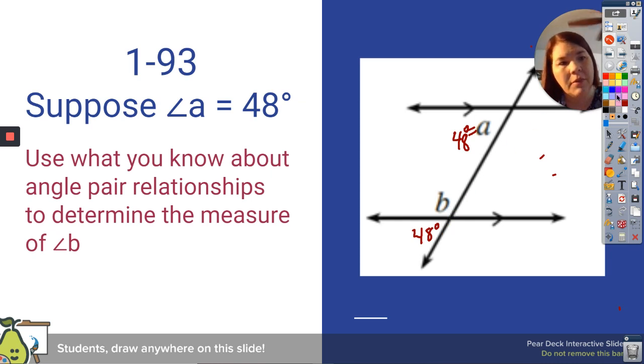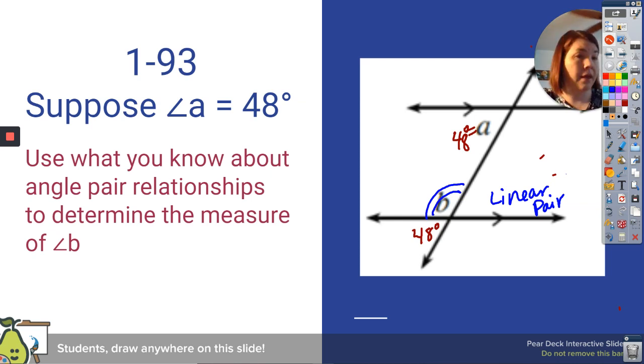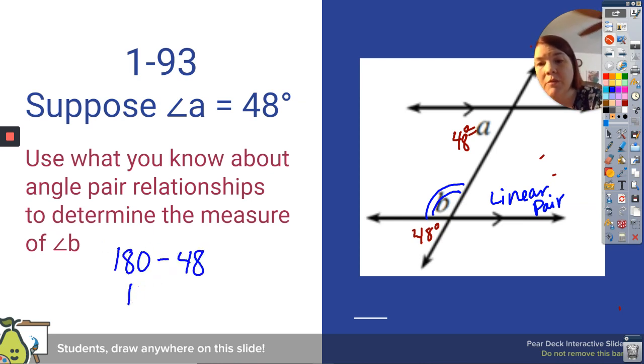And this and B are a linear pair. Since they form a line together, they must add up to 180 degrees. So I'm going to take 180 minus 48, which gives me 132. And so B must be 132 degrees.